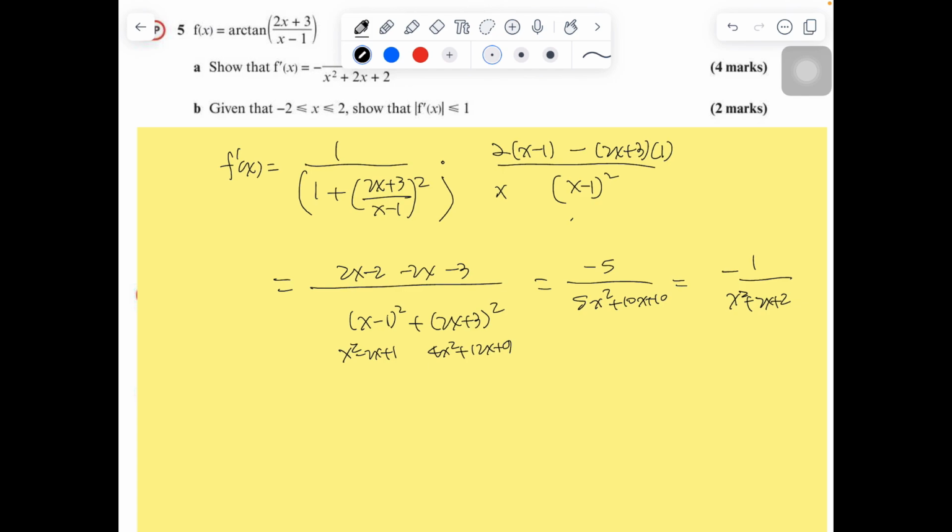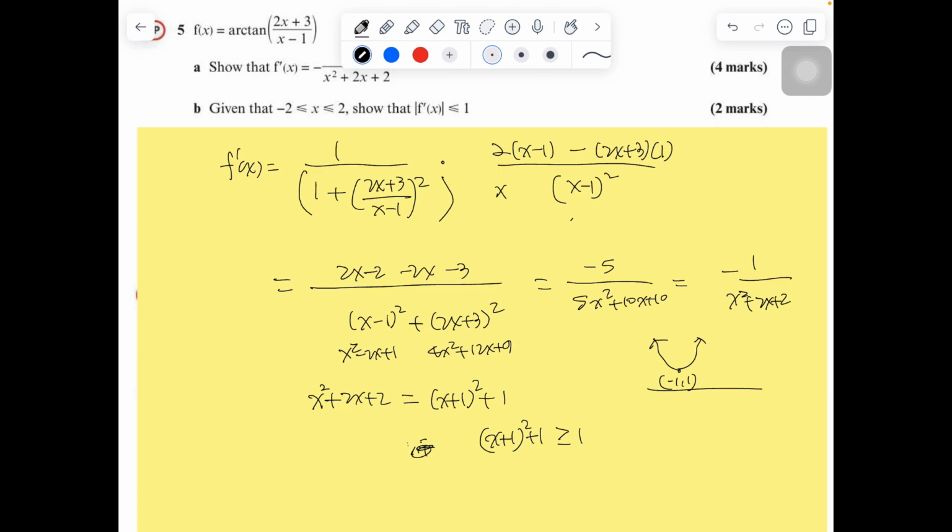So now let's start from the denominator. So x squared plus 2x plus 2 is x plus 1 squared plus 1. So x plus 1 squared plus 1 is larger than or equal to 1, because we know this parabola has its vertex at negative 1 comma 1 and opens up like this.